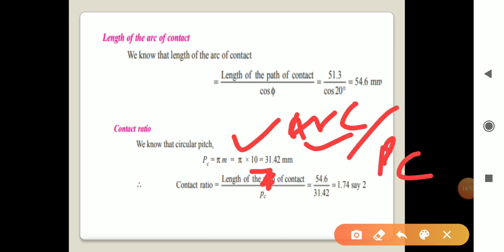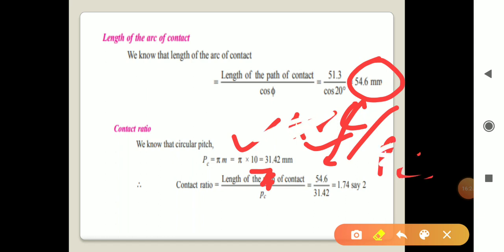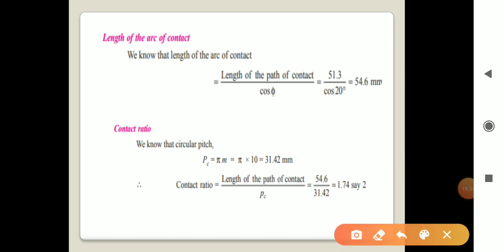In the previous step we found the length of arc of contact is about 54.6. Put this value here, and put the PC value. So the arc of contact divided by PC gives 1.74. This is the contact ratio. We take the whole number, which is 2.